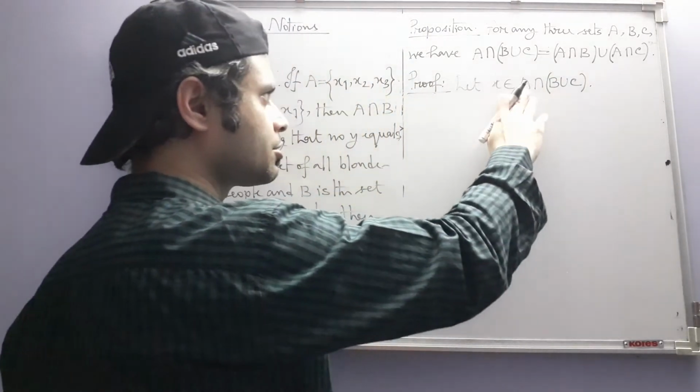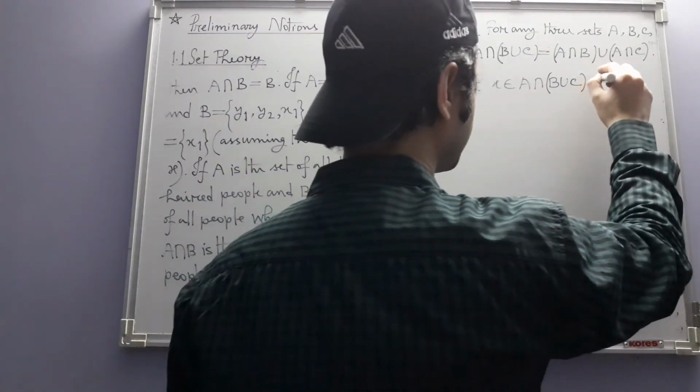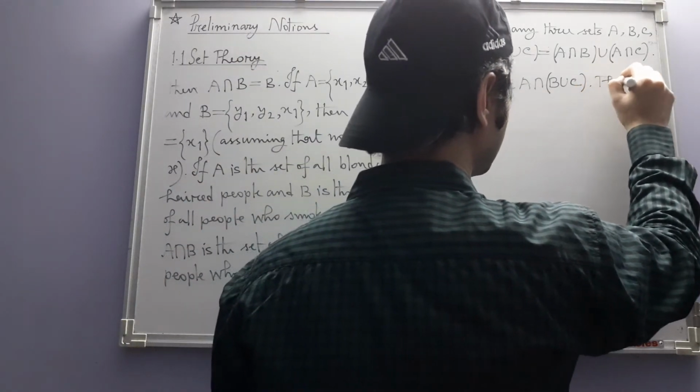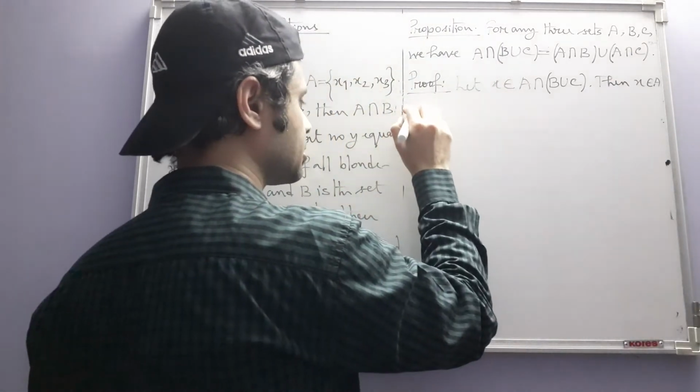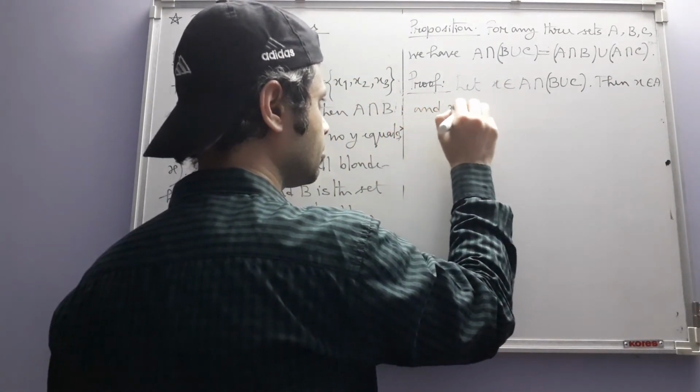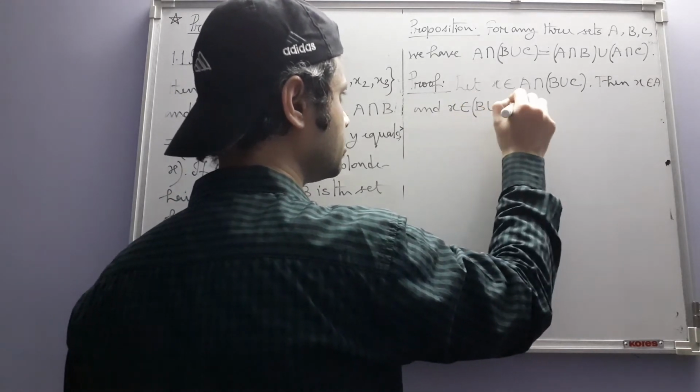So X belongs to an intersection. So X will belong to both the sets. X will belong to A by the definition of intersection, and X will belong to B union C.